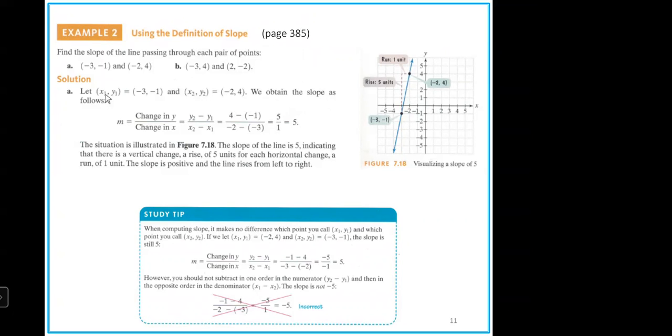The 1 here is just to indicate that this is your first point, -3, -1. And remember the coordinates are x, then y. So we have another x and y for the second set of coordinates, but this time we put the 2 there because this indicates your second coordinate.